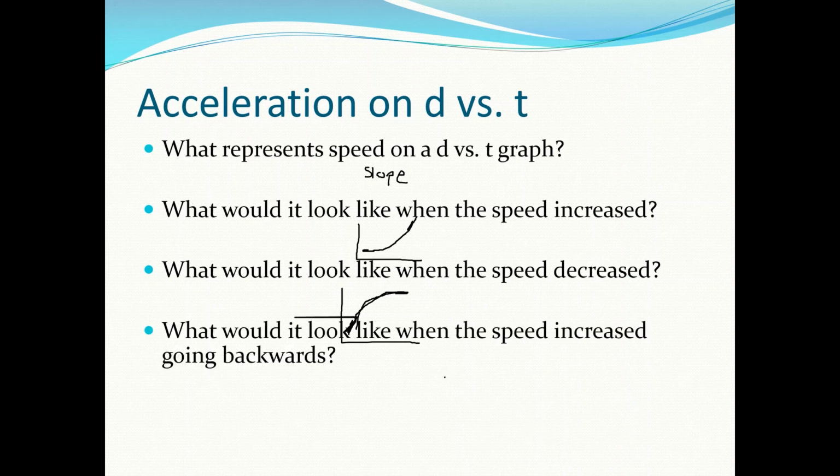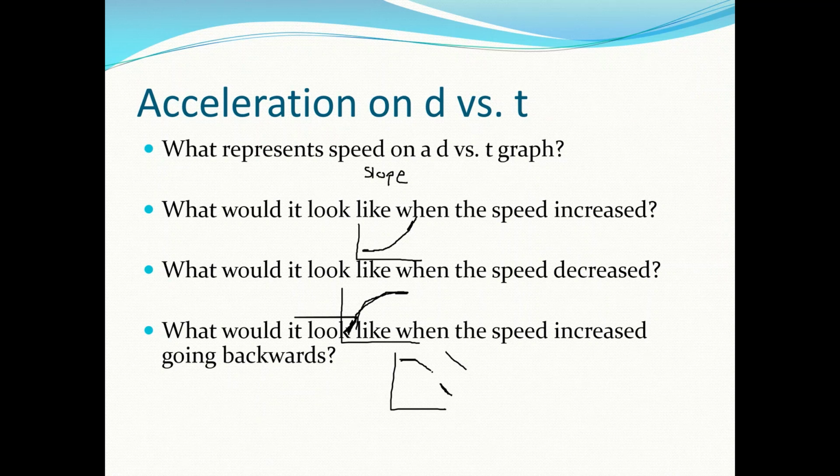Now, what's it going to look like if I increase my speed and I go backwards? Both of these are positive slopes, right? They go upwards. Well, I want to go downwards. I want the general trend of my graph to be like that. And if I want to increase my speed, I'm going to want to go flat to start, and go to steep.